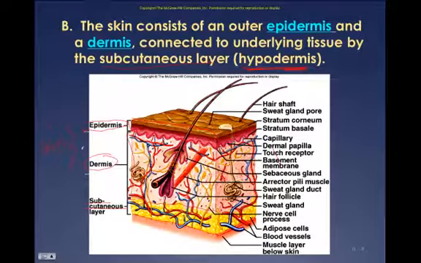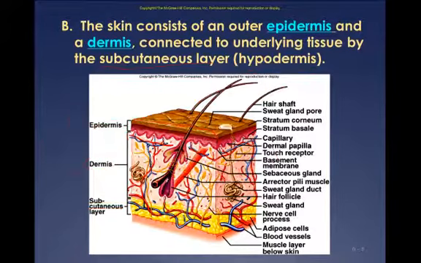So again, remember that, but it's only the outer epidermis and the dermis that are actually making up the skin here, okay? And when we talk about the skin or the cutaneous membrane, those are the two major layers.